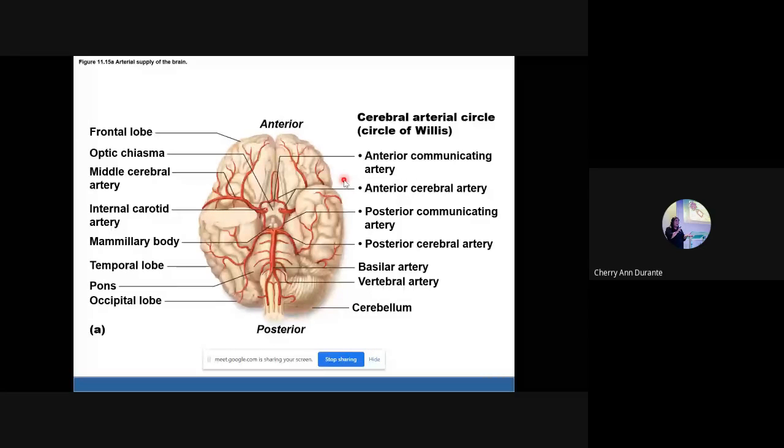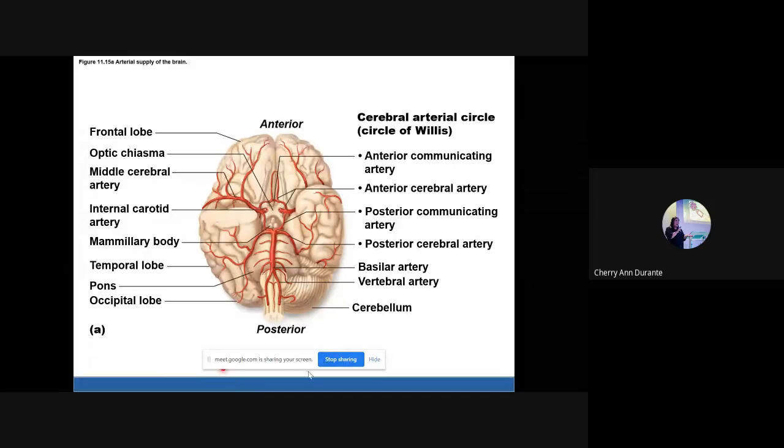It's in the middle cerebral artery. This one that you can see here, the middle cerebral artery is where most strokes happen. And if that's the case, influenced niyan yung iyong optic chiasm, which means that vision is affected when you have a stroke as well.